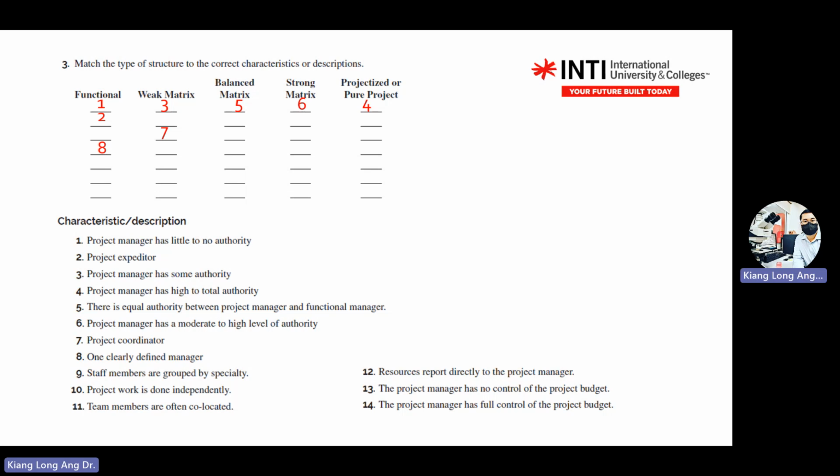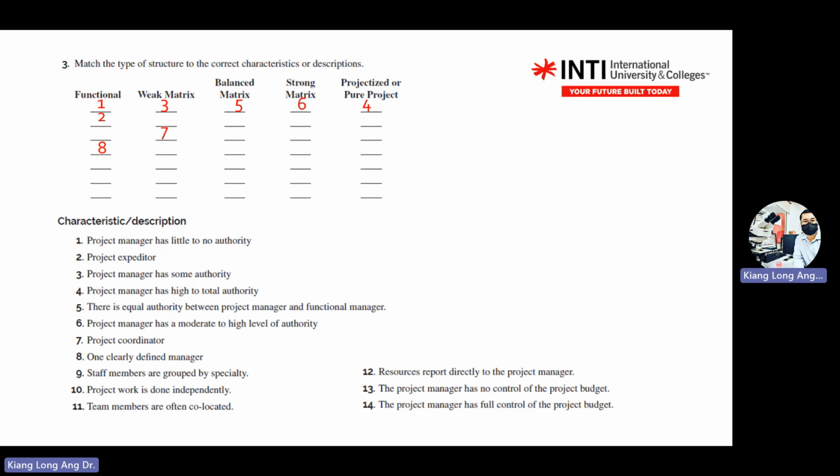I hope you guys try to understand what is happening here. I think this exercise will actually give you a clearer picture. So number 8, one clearly defined manager here. It does not mention a project manager. There's no project here. So manager is actually referring to the functional manager.